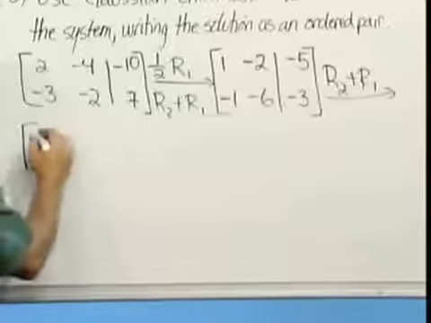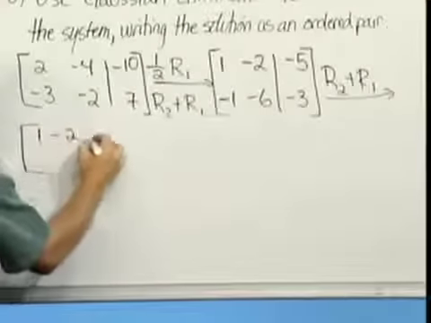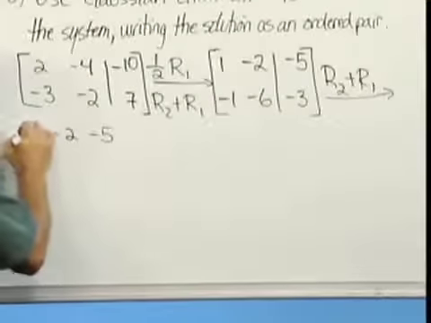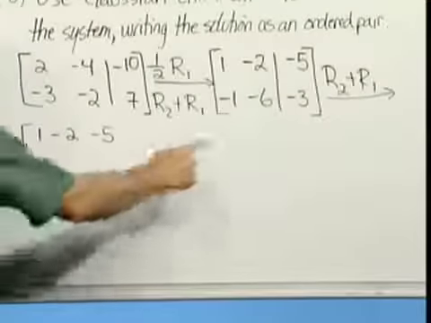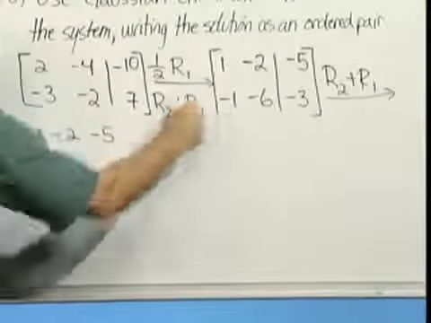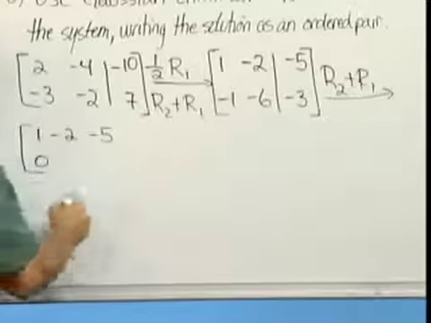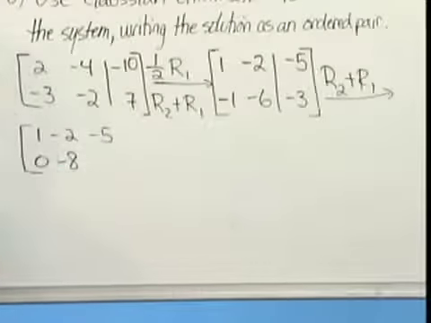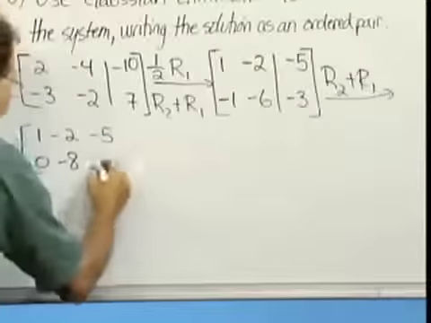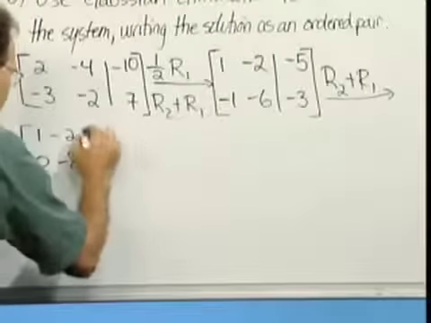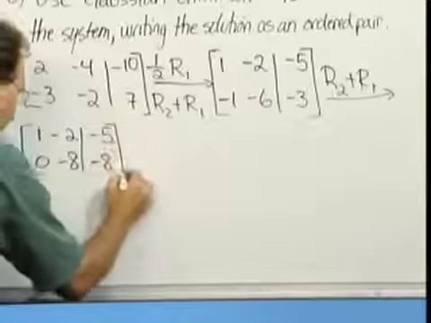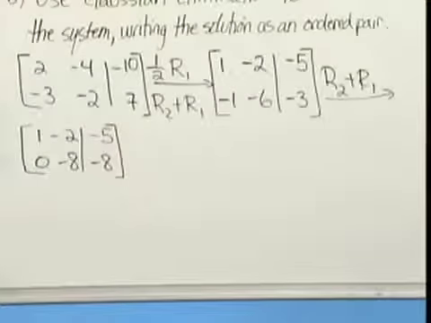We're not changing row 1 at all, so that's 1, negative 2, negative 5. However, row 2 becomes negative 1 plus 1 is 0. Negative 6 plus negative 2 is negative 8, and negative 3 plus negative 5 is also negative 8. Our vertical line, and then close the matrix.